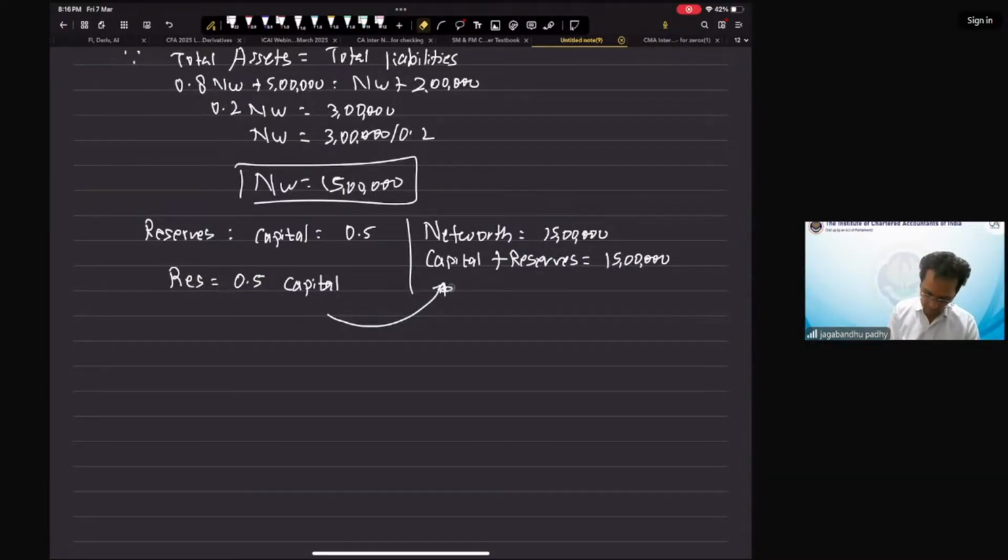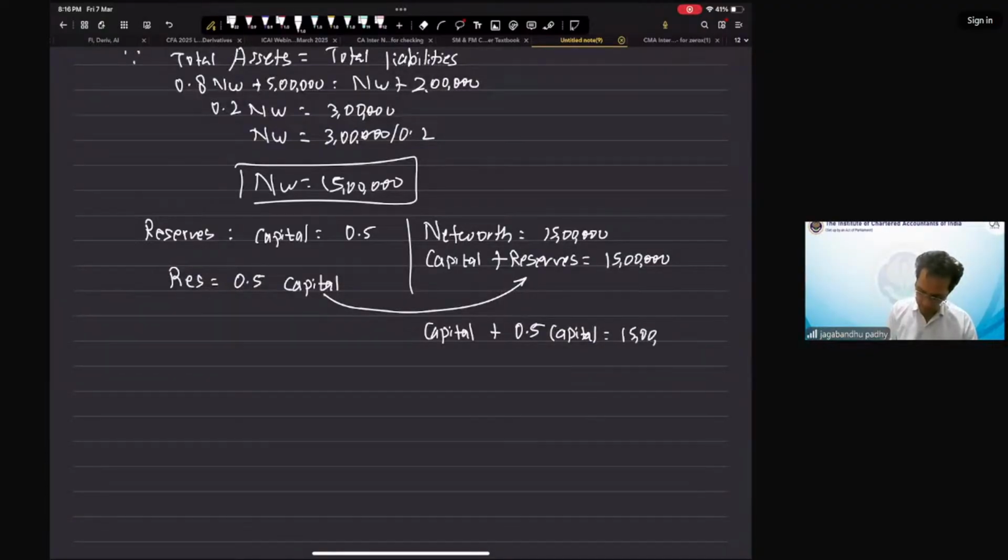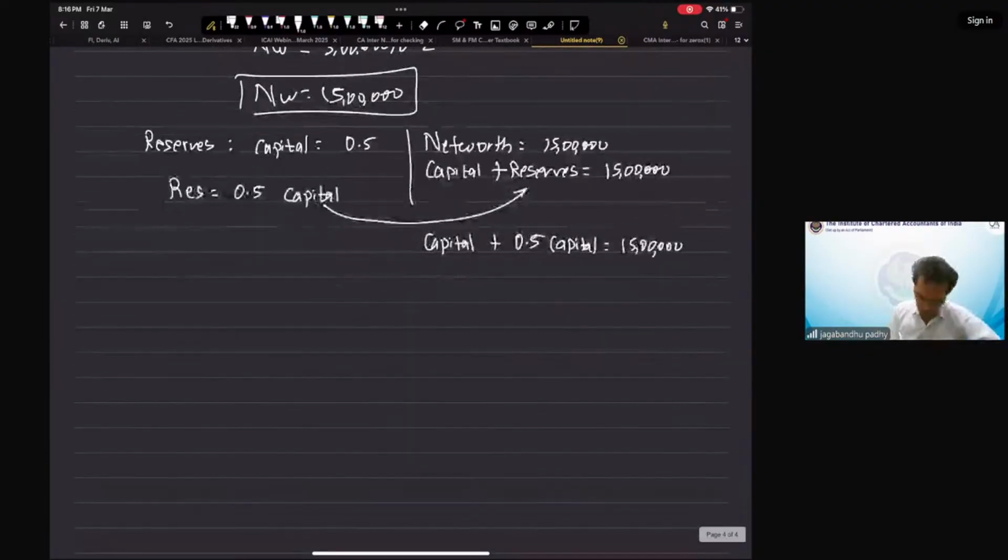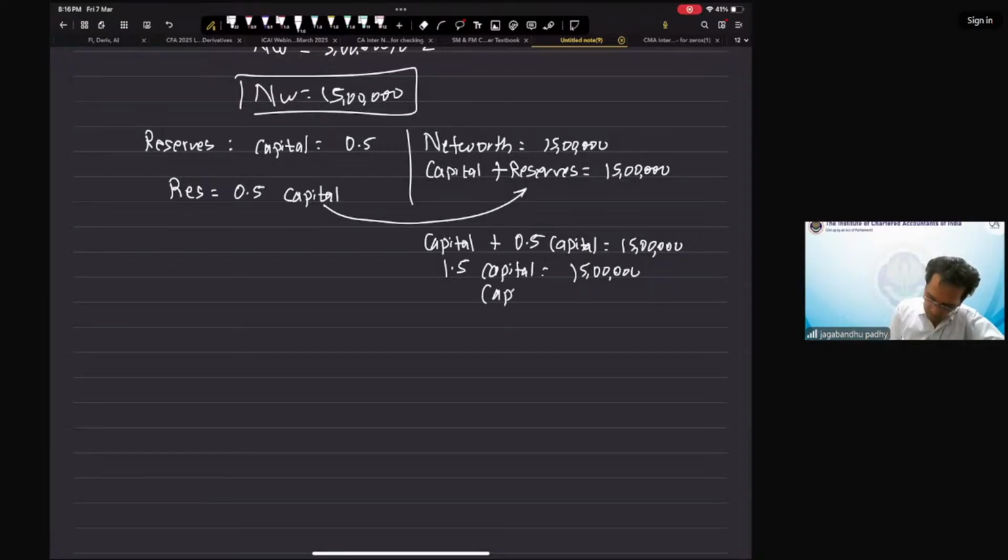In place of reserves, it's going to be 0.5 times of capital. Capital plus 0.5 times of capital equal to 15 lakhs. 1.5 times of capital is 15 lakhs. What will be the value of capital?